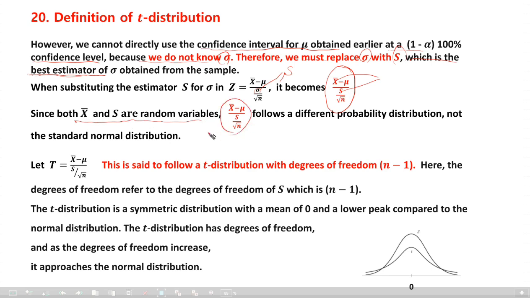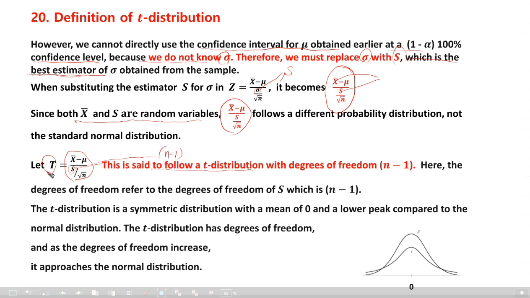So this new one follows a different probability distribution, not the standard normal distribution. So let t equal this one. Then the new random variable t follows a t distribution with degrees of freedom n minus 1. S has degrees of freedom n minus 1, right?